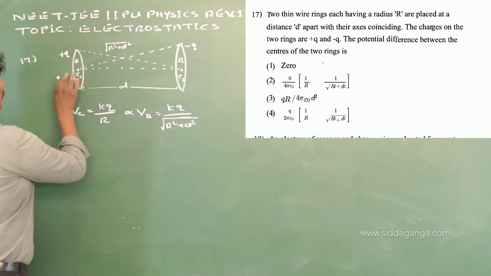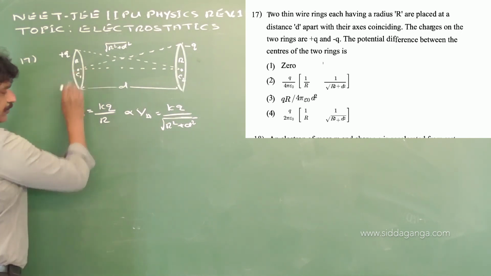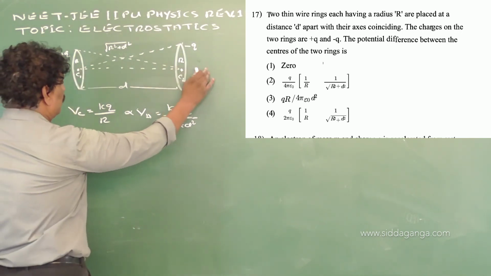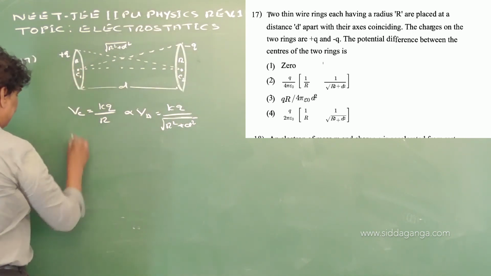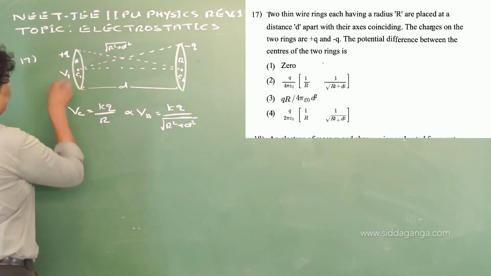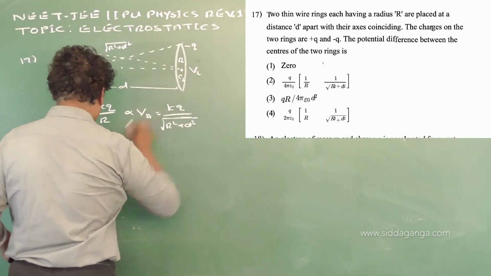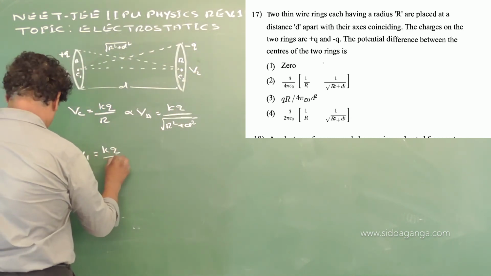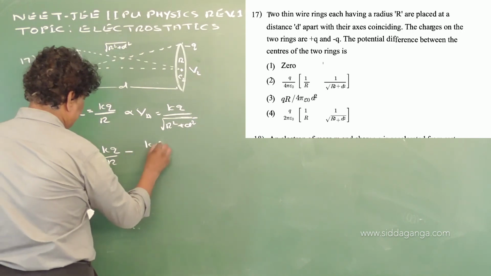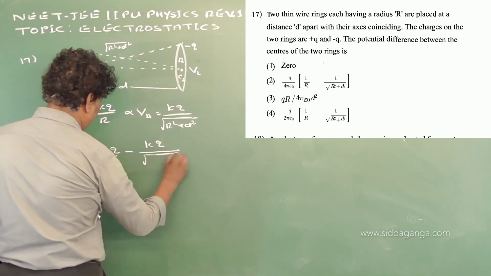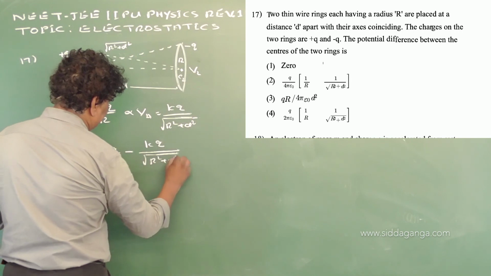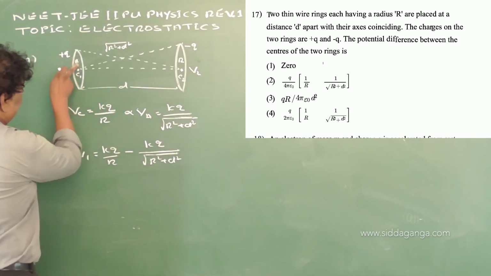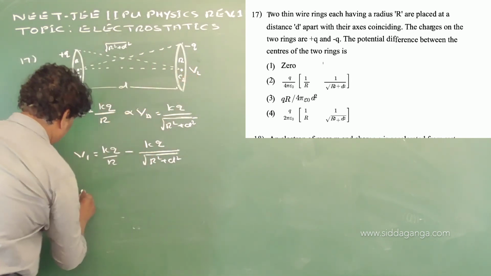Now here there are two electric potentials, V1 at this center and V2 at the other center. V1 is equal to k q by r minus k q by square root of r square plus d square, since this is positive charge and this is negative charge.